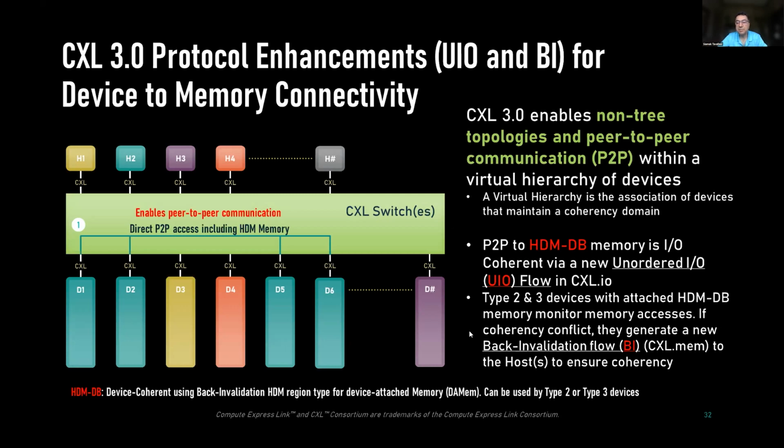With this concept, using peer-to-peer semantics, such as memory that enables the back invalidate channel, using unordered I/O semantics, memory devices can be accessed by compute devices, such as a GPU or an accelerator, with ease.